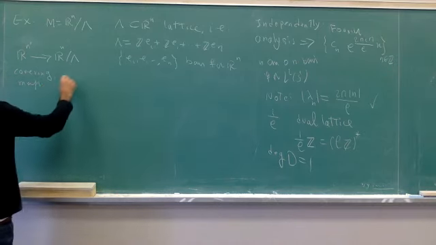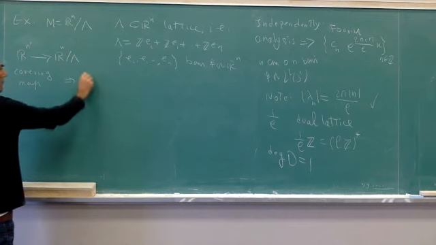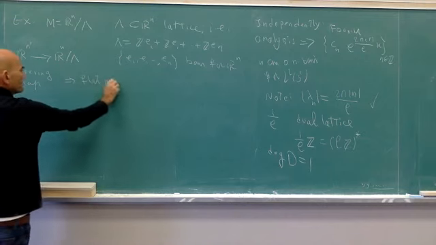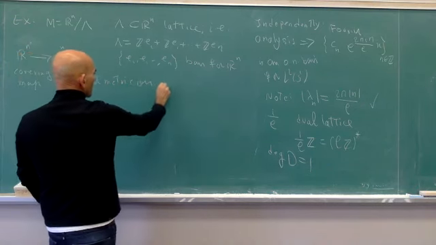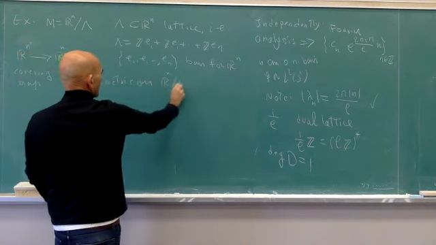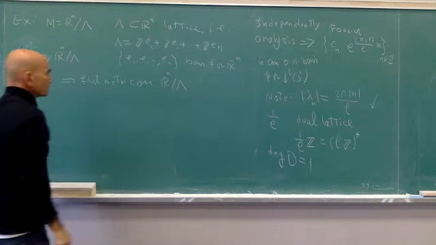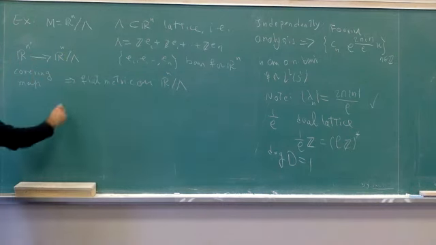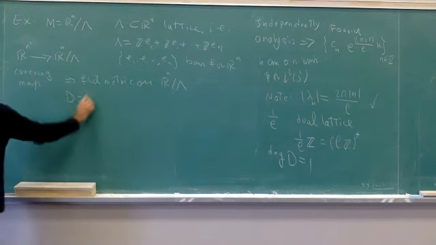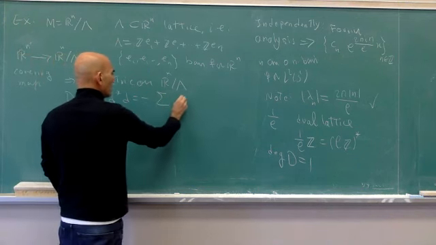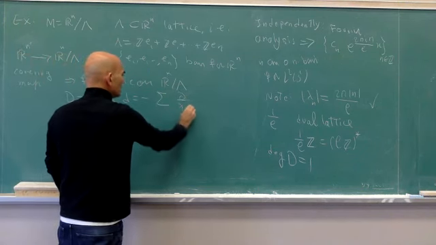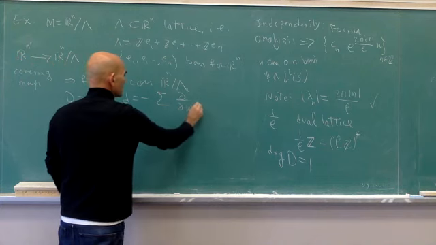The flat metric on Rn over this lattice. And let's take D to be the Laplacian, delta equal to D star D. It turns out to be equal to minus the sum of d2 dxi squared.